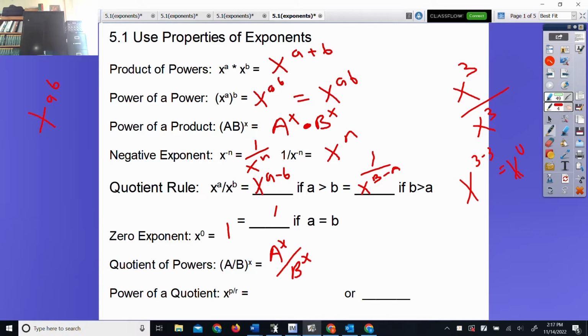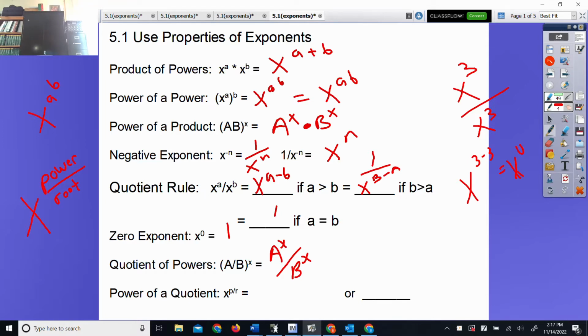Lastly, you have the one that the state just really loves, the power of the quotient rule, x to the p over r. The reason I chose p is because p stands for power. The reason I chose r is because r stands for root. Square root, cube root, 4th root, 5th root. That's why those were chosen.